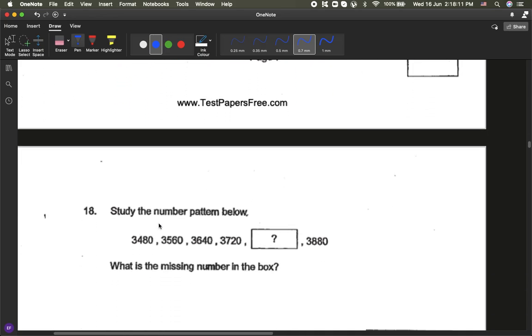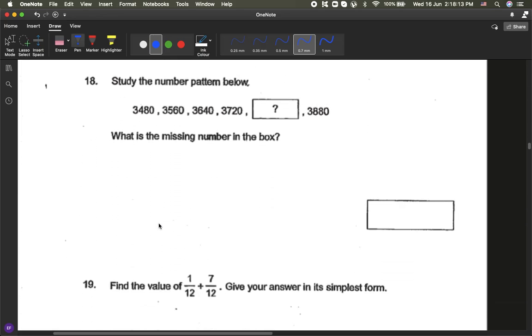Study the number pattern below. What is the missing number in the box? When approaching these questions, we need to find out the difference between the consecutive numbers. So let's look at 3,480 and 3,560.